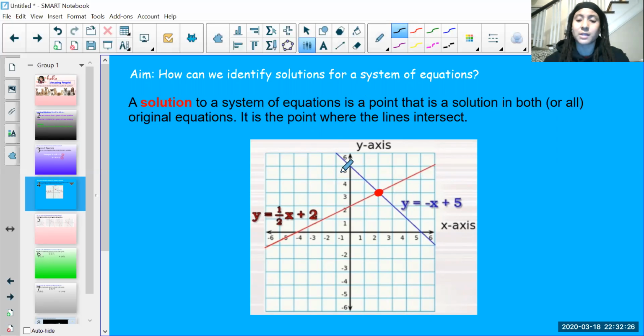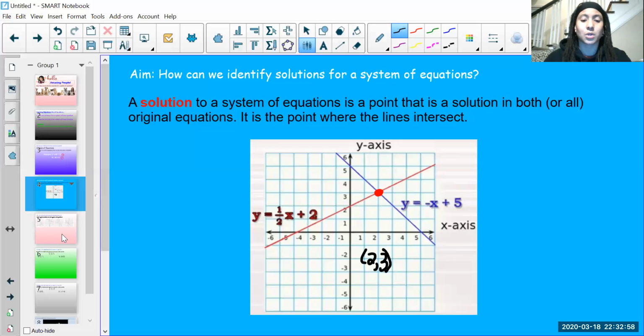For those of us that are having a little bit of trouble on identifying how to find points on a graph, we always go along our x-axis first and then our y. So for this point, we will go 1, 2 for our x, so that's 2, comma, and then 1, 2, 3, my y value. So in this case, my solution is 2, comma, 3.